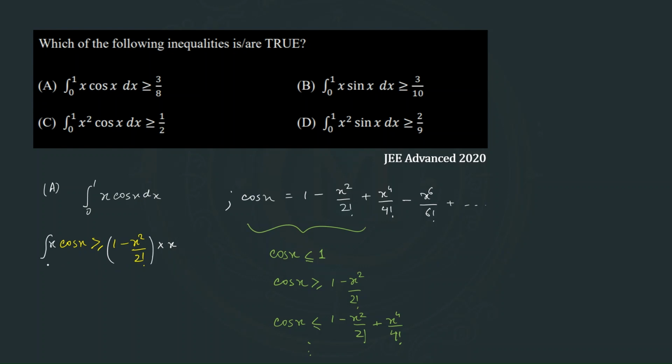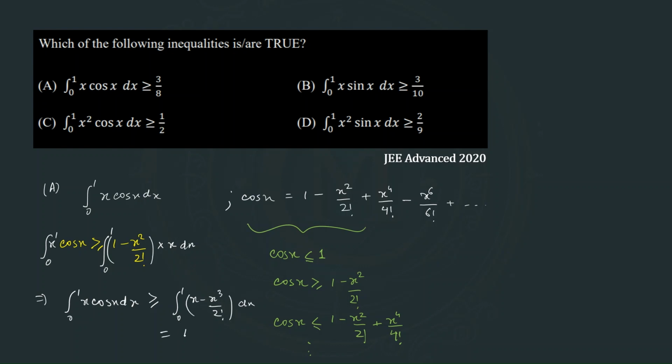Now if we integrate both sides with respect to this variable x, we get this integral 0 to 1 x cos x dx is greater than or equal to this integral. If we solve, it will be integral 0 to 1 of x minus x square by 2 factorial, this will be x cube, by the way, times dx.